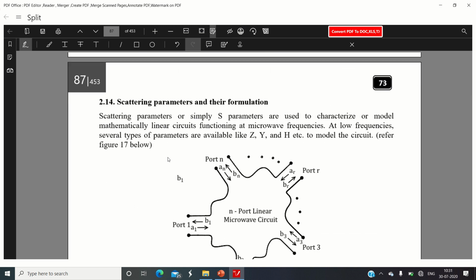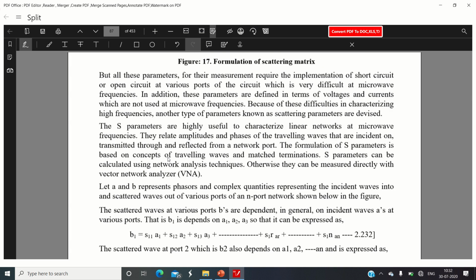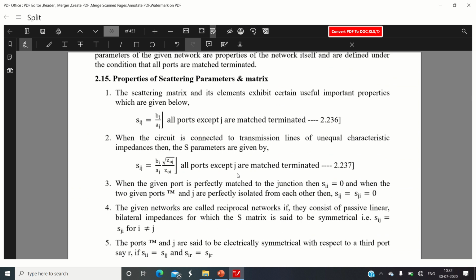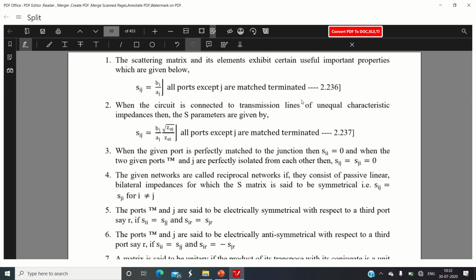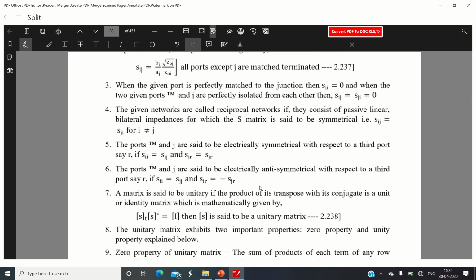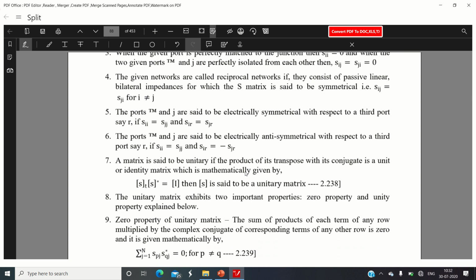Anyway, the scattering parameters, their formulation, and the important parameters and properties of the scattering matrix are already discussed. So again, briefly I will revise. Properties of the scattering matrix: matched termination, characteristic impedance, bilateral impedances, electrically symmetrical, electrically anti-symmetrical. Then an important property is when the scattering matrix is said to be unitary. If the matrix is said to be unitary, then it should possess two different properties.